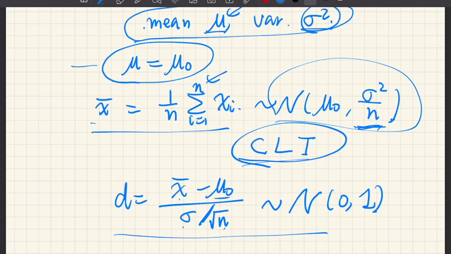But all these arguments assume that we know the value of sigma. Otherwise we cannot look up the table of normal distribution, right? But in reality, we may not know the value of sigma. So somehow we want to get rid of it.